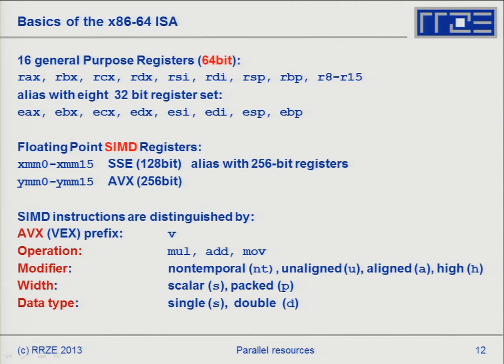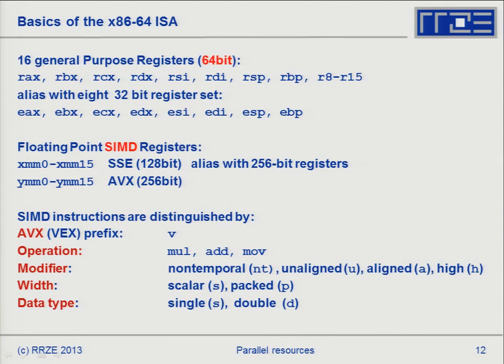AX was an accumulator. So these were special purpose registers. Nowadays, you can do almost anything with every one of these registers. So it's more orthogonal. These are 64-bit registers. They can also be used as 32-bit registers if you substitute the R with an E, then it's 32 bits. Or if you write AX, then it's just 16 bits.